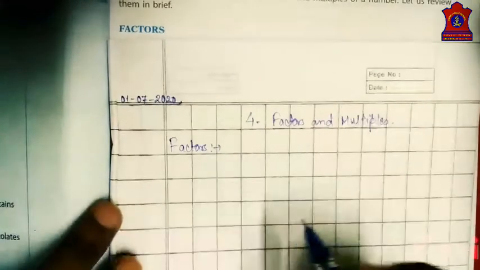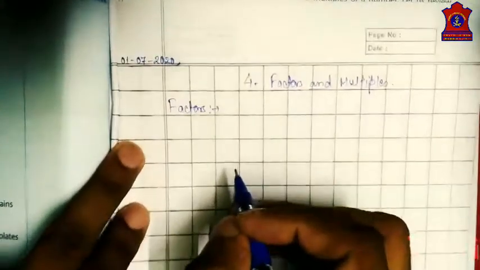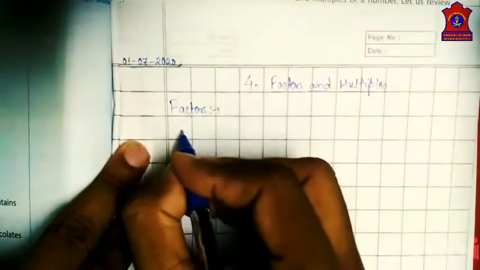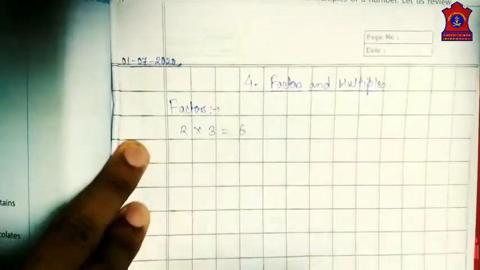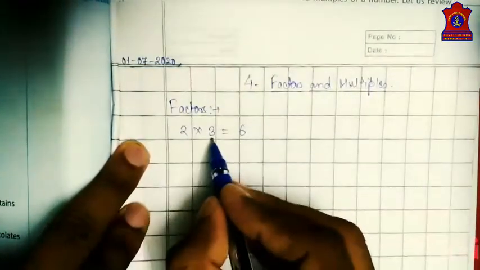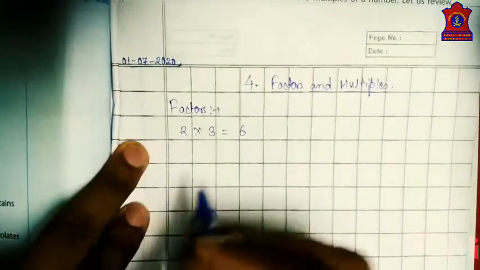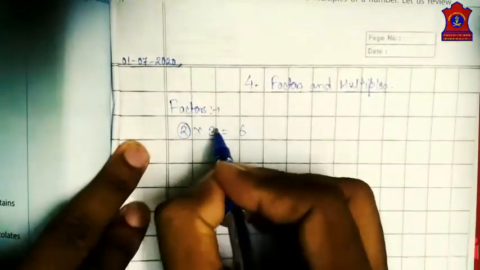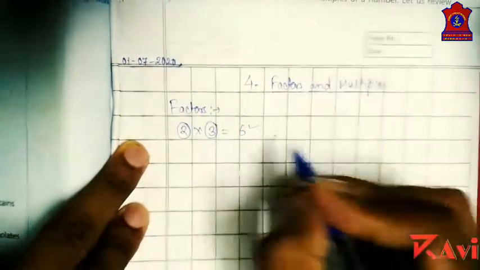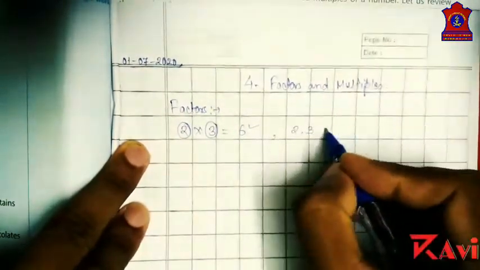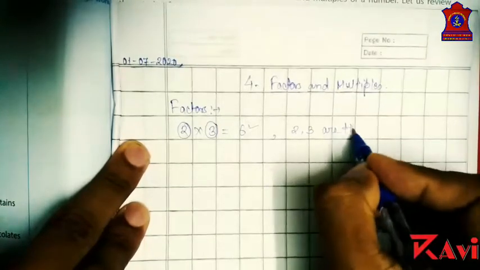Clear? See, here I can explain factor. 2 into 3 equals 6. So here 2 and 3 are the factors of 6.